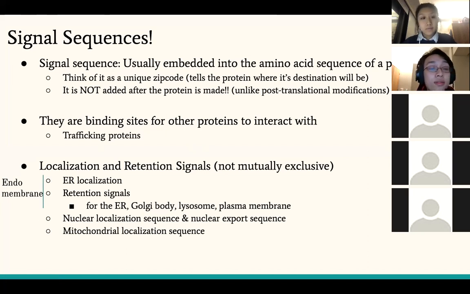There are different types of signal sequence we'll talk about in this class, but essentially you can break them down into two types: localization and retention signals. The endomembrane system really uses the ER localization and different retention signals, but there are also other localization sequences like the nuclear localization sequence and the mitochondrial localization sequence. We'll go over that in the next couple of slides.